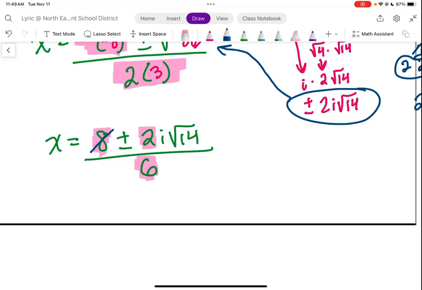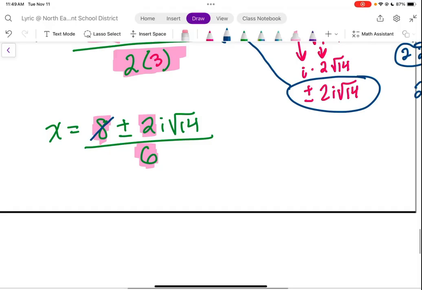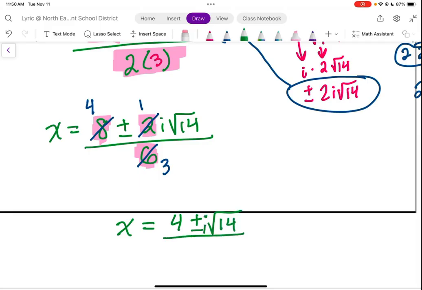So simplifying each of these numbers, 8 divided by 2, that becomes a 4. 2 divided by 2, that becomes a 1. And 6 divided by 2, that becomes a 3. So our final two imaginary solutions are 4 plus and minus this I times the square root of 14 over 3. These are our two solutions.